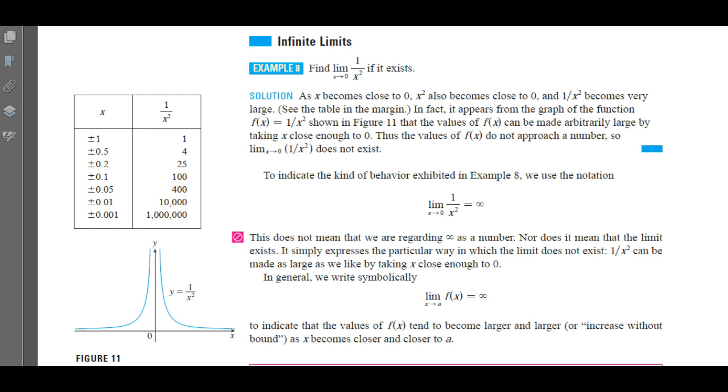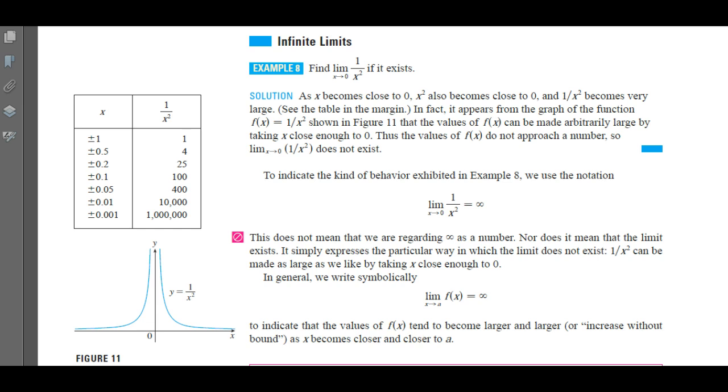Your answer will be does not exist, or it could be infinity. I'll take either on a test, unless you get it wrong by saying infinity when it really does not exist, and we'll look at that in a second. Infinity simply expresses the particular way in which the limit does not exist. So it doesn't exist, but it doesn't exist in a particular way, which is that we can make 1 over x squared as large as we want by taking x close enough to 0.